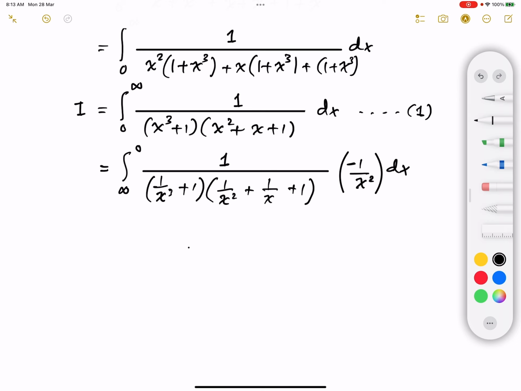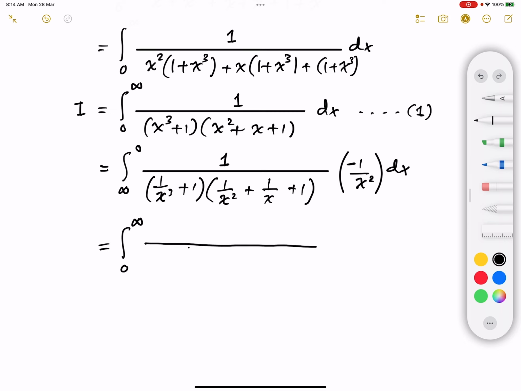Good. Now, to simplify the integral in a better way, the negative sign at the end we can use to invert the limits at the beginning of the integral. So that would give us 0 to infinity again.